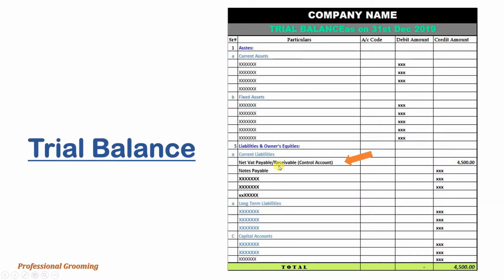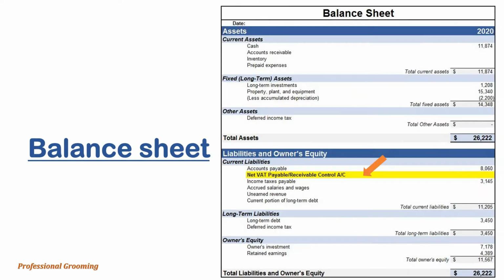Our credit side is greater than our debit side, so 4,500 on the credit side will be a positive figure, which is our liability, and we are liable to pay this value to the government. Our balance sheet has, under the current liabilities, the Net VAT Payable Receivable control account as a current liability. So we will show here the value 4,500, which is our liability, in the balance sheet.